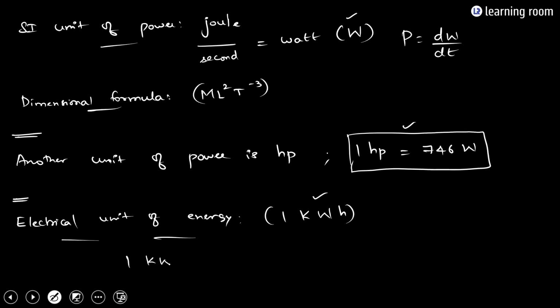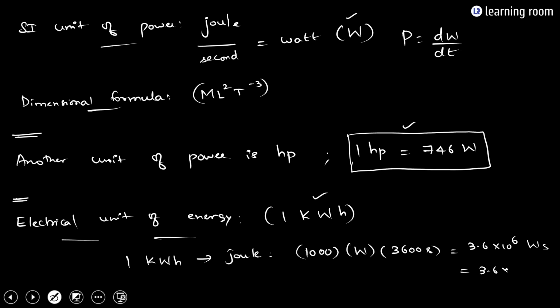So 1 kilowatt hour in terms of joule is represented like 1 kilo is 1000 into watt into 1 hour, which comprises how many seconds? It consists of 3600 seconds. So when you calculate this, you will get the value as 3.6 into 10 power 6 watt second, but watt second is going to be joule.